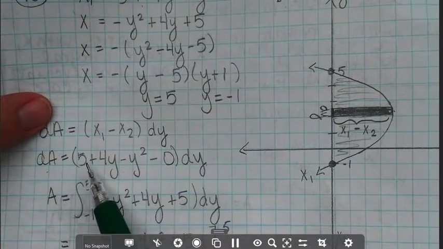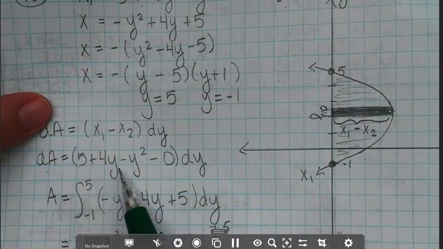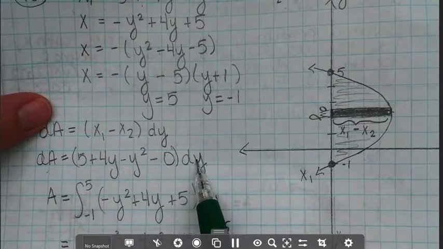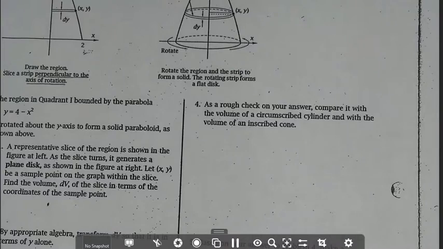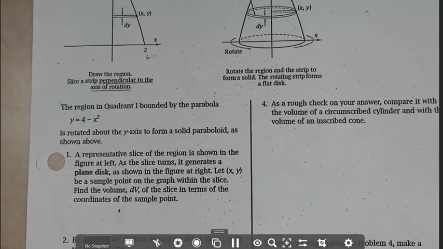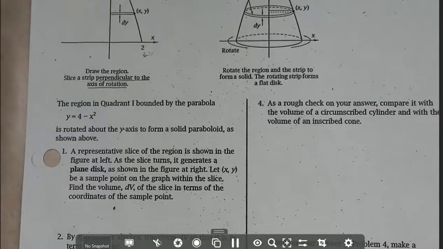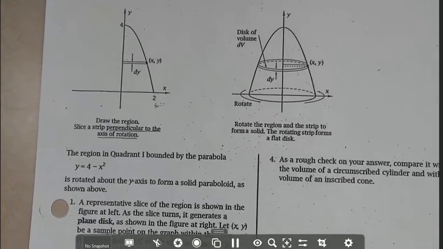So it would not be appropriate here to have my functions in terms of x and then multiply by dy. They have to match. I just wanted to remind you of that, or really point it out, because last lesson I wasn't trying to point that out too much. I was just trying to get you accustomed to drawing the strip and getting that into a definite integral.